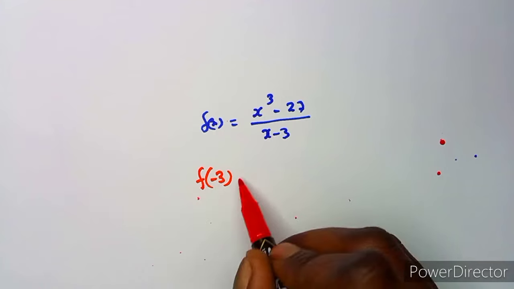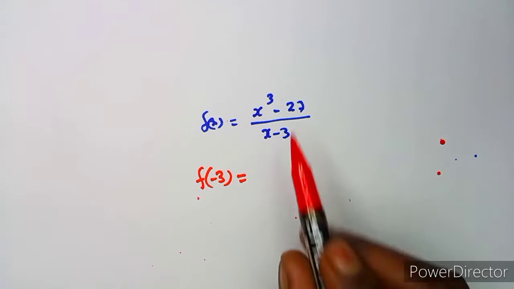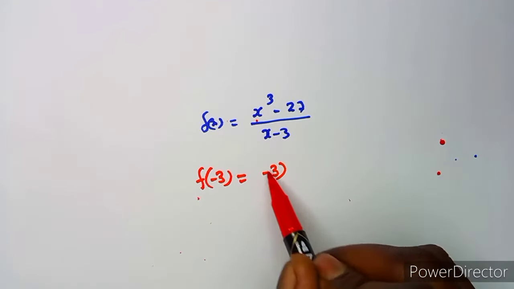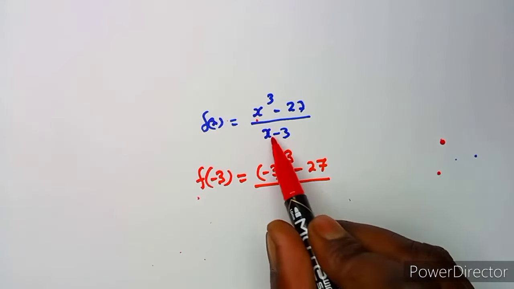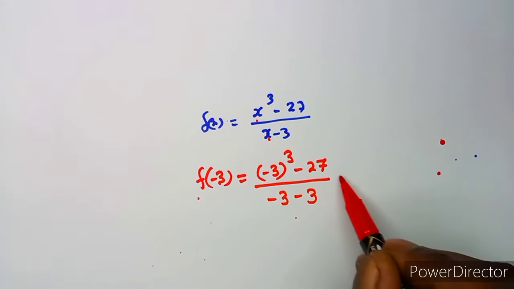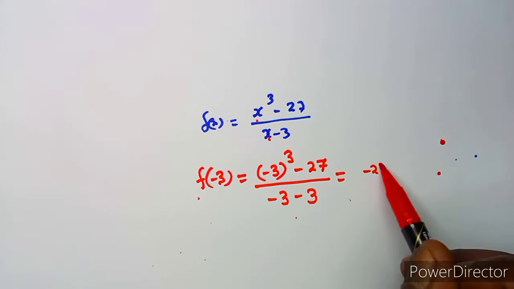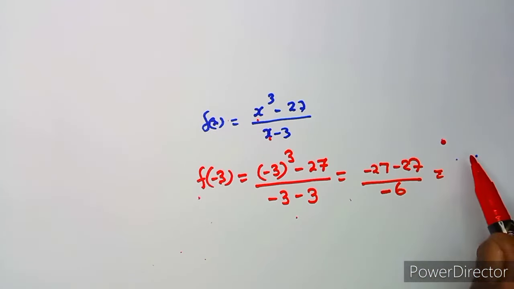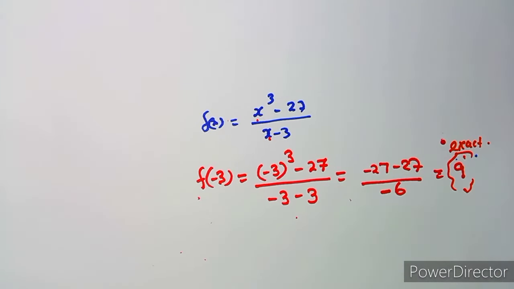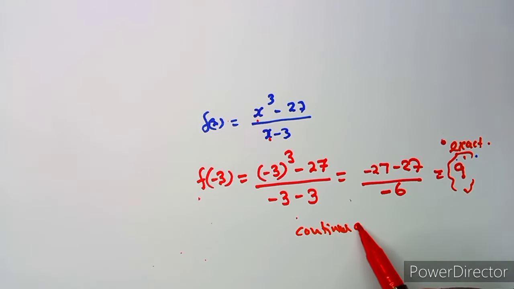So f of minus 3 simply means in place of x substitute minus 3. So it's minus 3 to the exponent of 3 minus 27 over minus 3 minus 3. If you simplify further, this will give you minus 54 over minus 6, which is a positive 9. And 9 is an exact value, which means this is continuous, guys. Continuous.